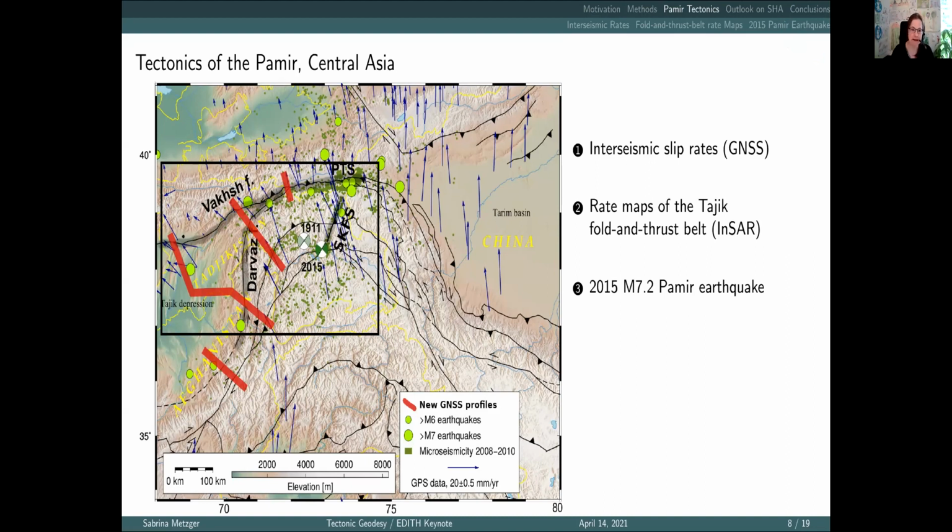And finally, I also discuss what we found in the modeling of this Pamir earthquake. And the red lines show new GNSS data that we collected with the idea to resolve the kinematics across the most important faults in the region.